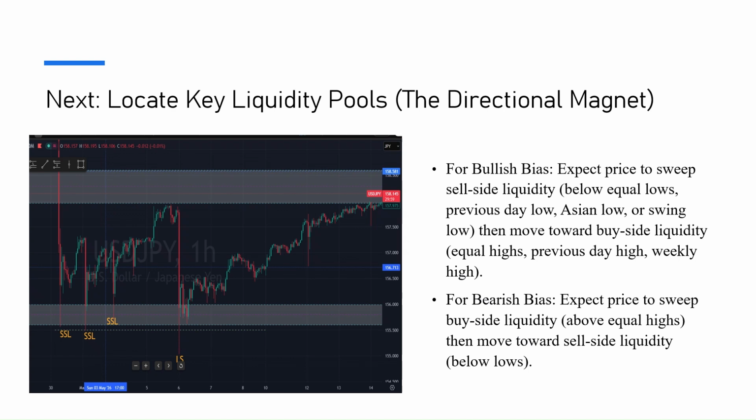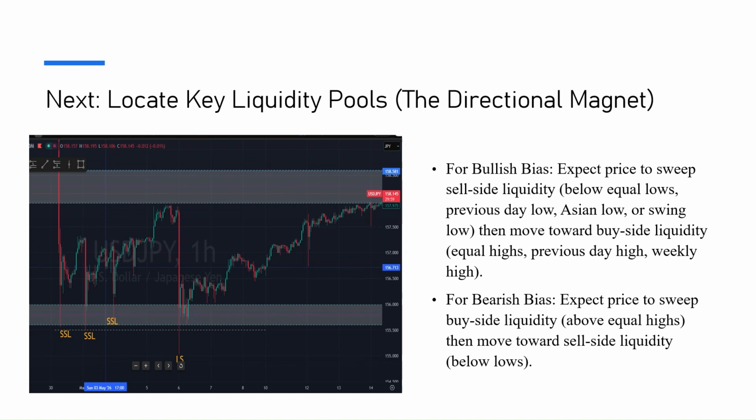So like we said, for a bullish bias, we expect price to sweep sell side liquidity, which is below equal lows, the previous day lows, the Asian session lows, and the swing lows, then move towards buy side liquidity, which would be maybe the old highs, the equal highs, previous day highs, the weekly highs, also maybe the fair value gap and the order blocks.